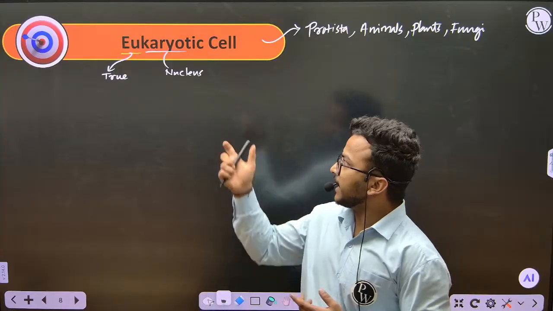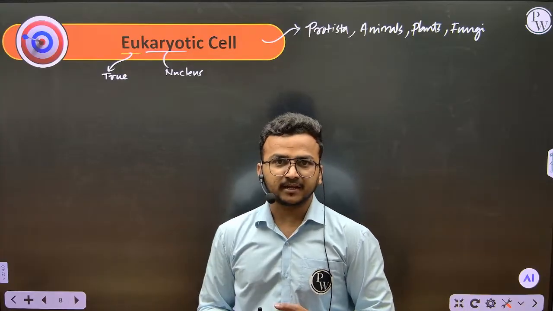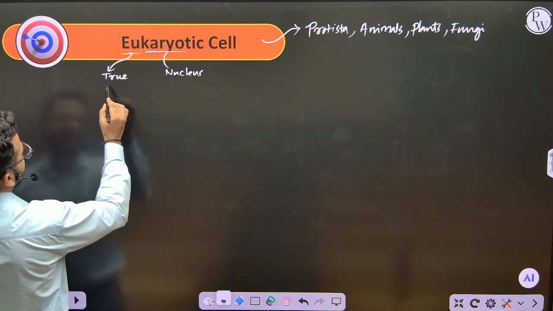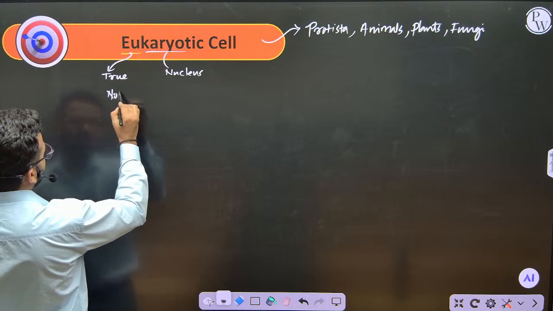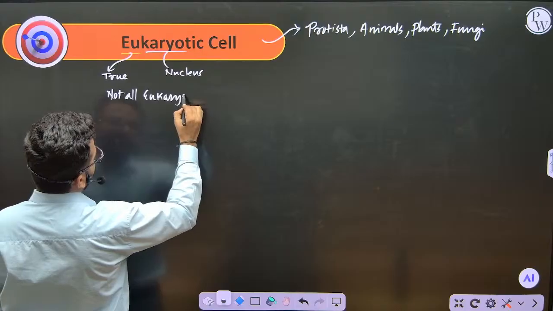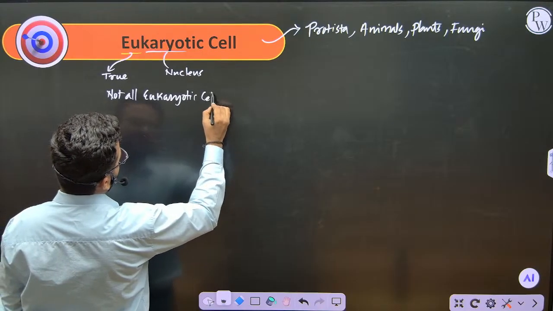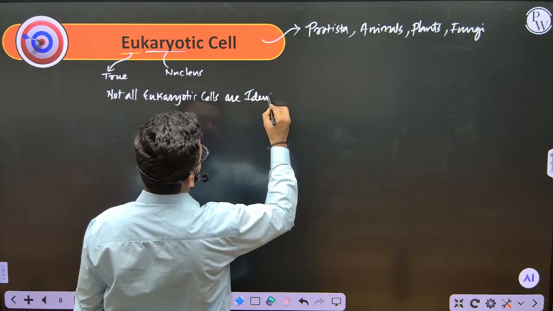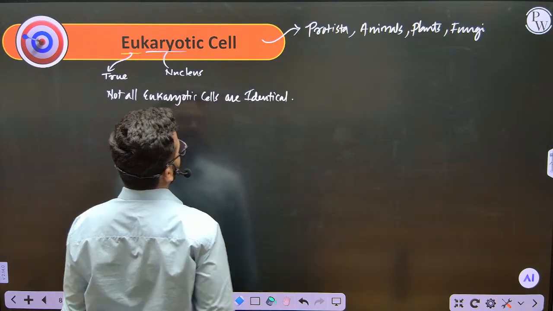So it shows that eukaryotic cells are not identical. There is a statement in NCERT that not all eukaryotic cells are identical or the same. They are different.